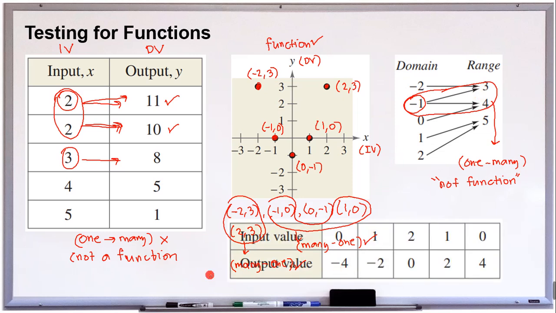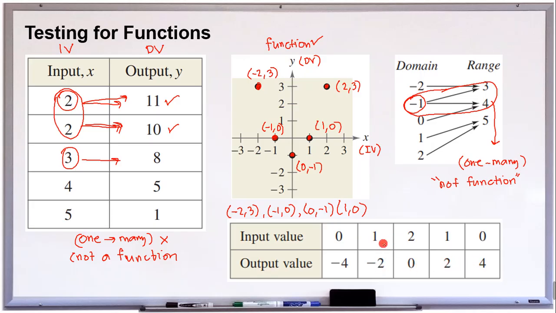Next, let's remove first the text here. So again, for our last example, we have input values of 0, 1, 2, 1, 0, and the corresponding output values are negative 4, negative 2, 0, 2, 4.